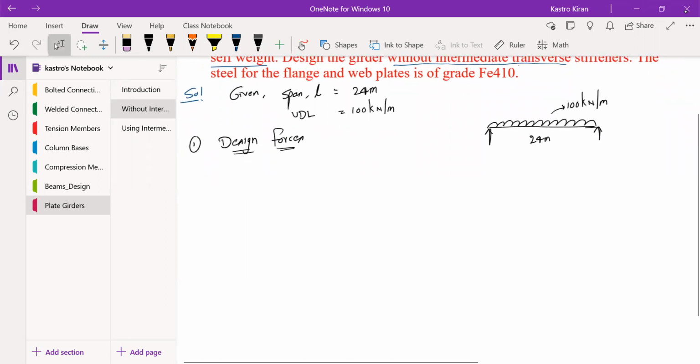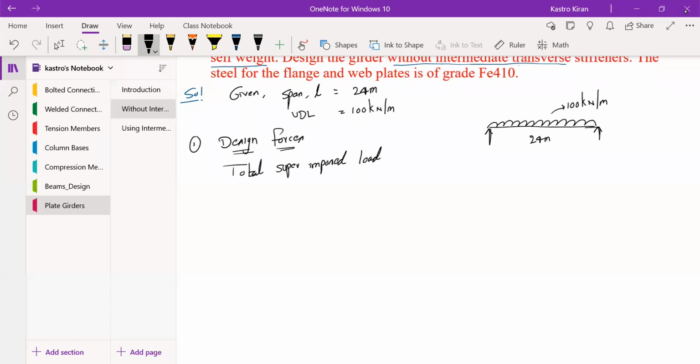So let's find out the design forces. In design forces, the first thing is the load which they have given, that is 100 kilonewtons per meter. So let's write that load. Total superimposed load equals 100 kilonewtons per meter.